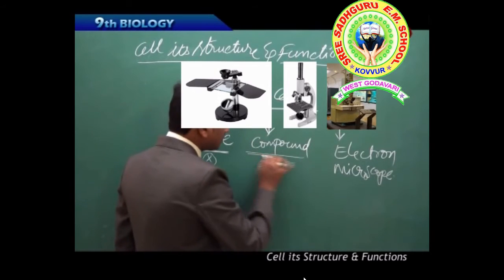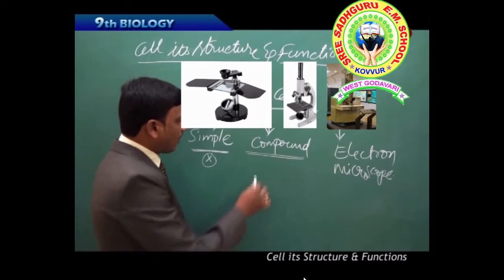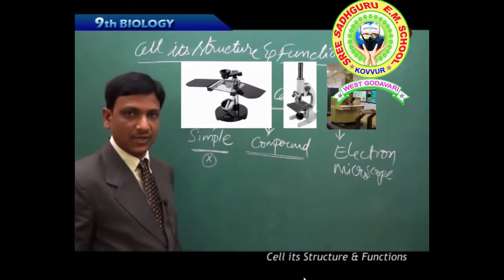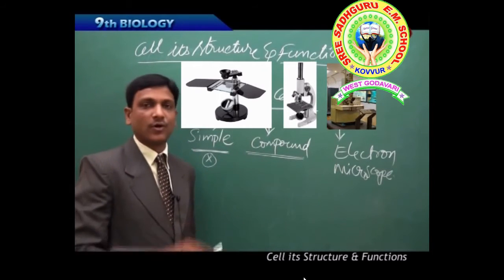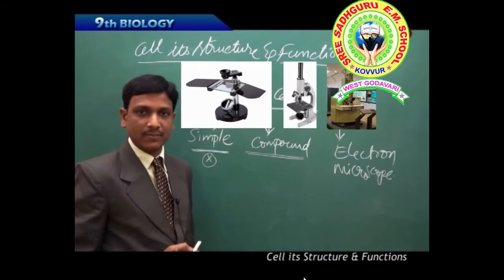We can use a compound microscope to study the cells. A compound microscope is used to observe the cell and its organelles like the nucleus, and we can see the cell wall or cell membrane.